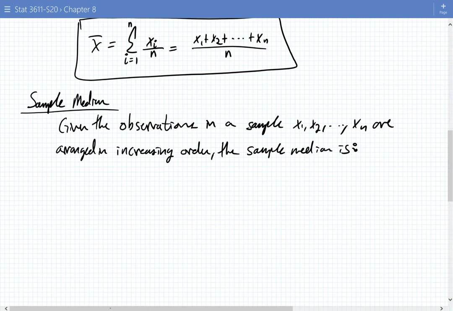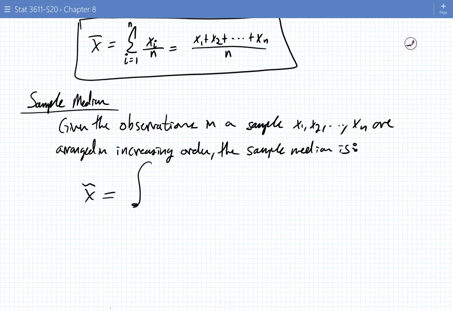We have x tilde there for sample median. The sample median is, well, if you have an odd number in your sample, if n is odd, then it would just be the middle element.